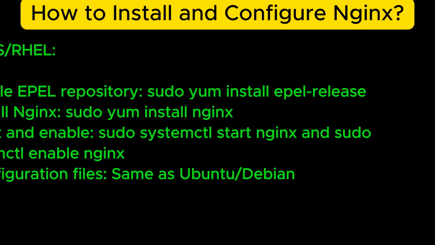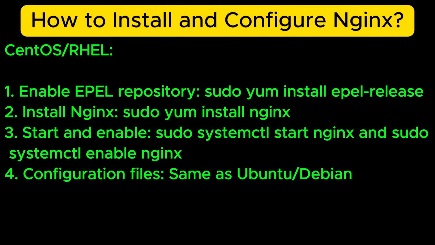Second, CentOS and Red Hat Linux. It is almost similar, but here you just need to run sudo yum install epel-release. It will update the releases and install mandatory software.